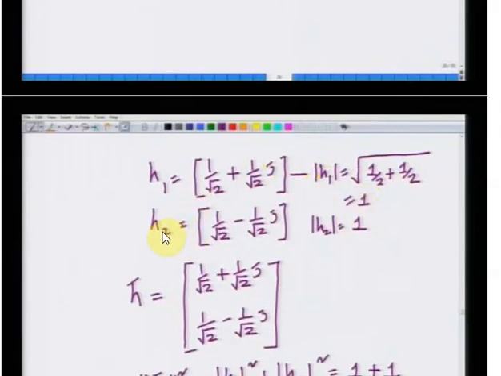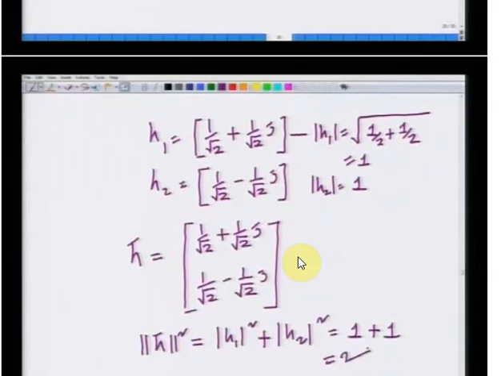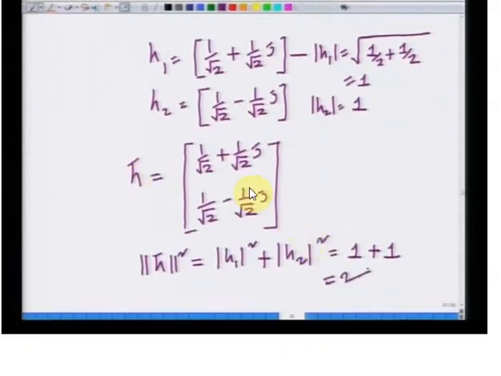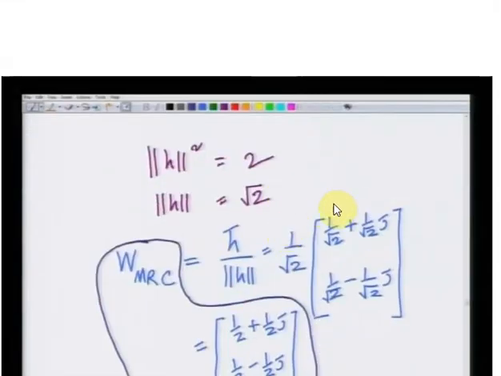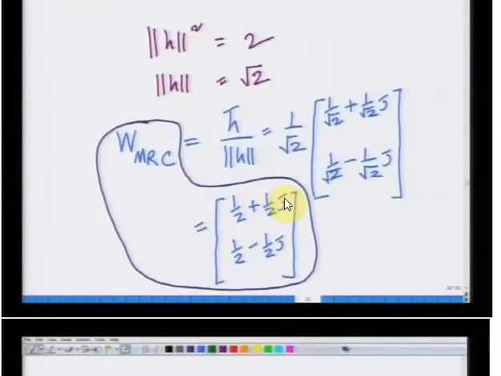Similarly, the absolute value of H2 is 1, where H2 is equal to 1 over square root of 2 minus 1 over square root of 2 j. So the combined vector H is given by this vector. The norm squared of H bar will be given by 1 plus 1, which is equal to 2. So this means the norm squared of H is equal to 2, and the norm of H is root 2.